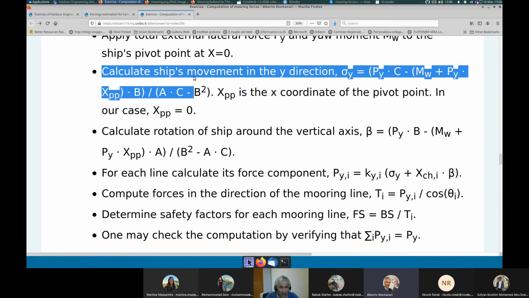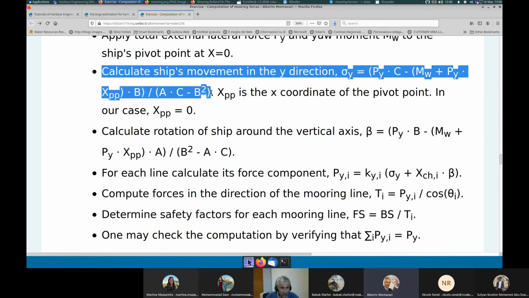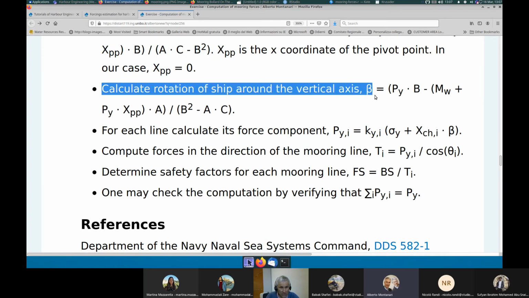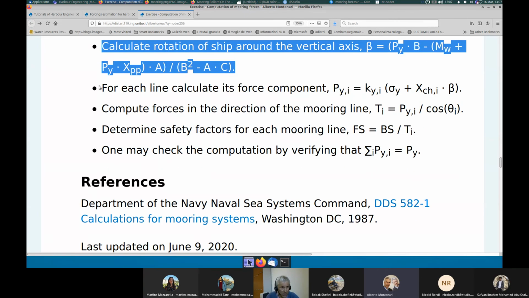Calculate the ship movement in the y direction according to this computation. Good. Calculate rotation of ship around the vertical axis according to this computation. All of these variables have been defined before.